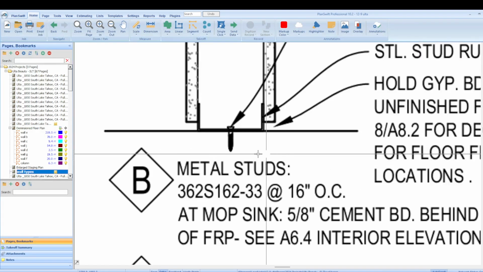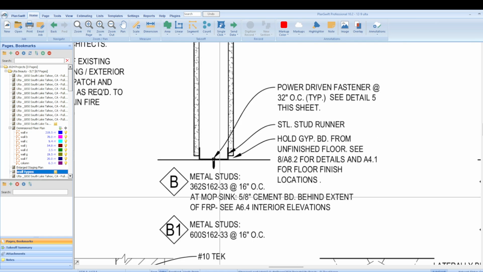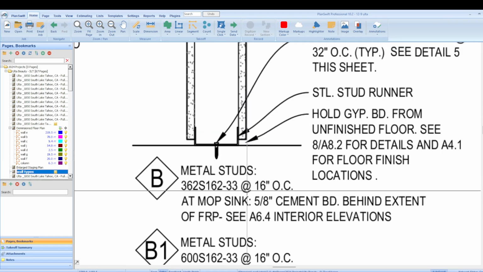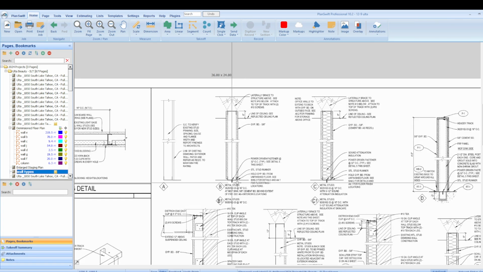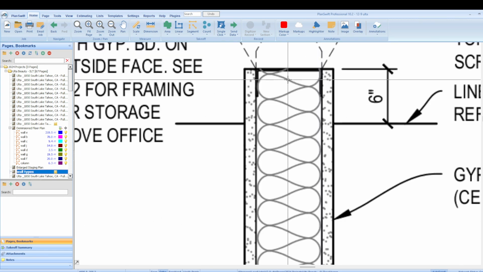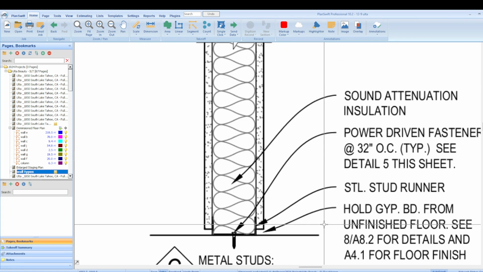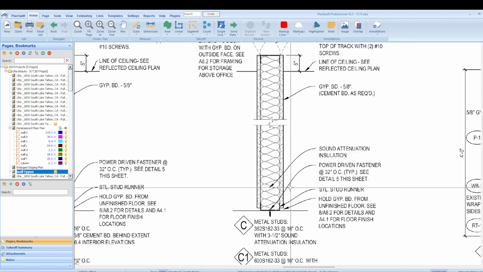My B walls are metal studs, that is the type of metal stud, and then we have B1, B2, A. And like I said, if it has insulation, you'll have the alternating light bulb representation of insulation, and it'll point right to everything.